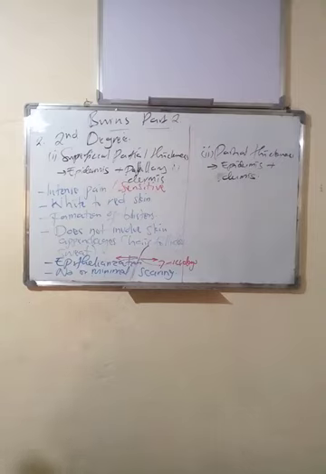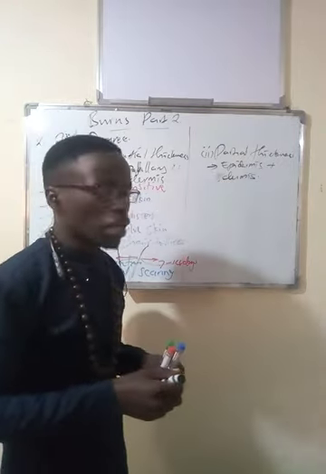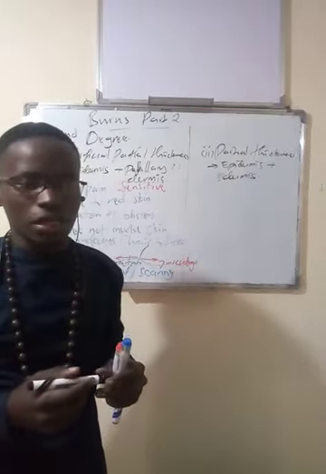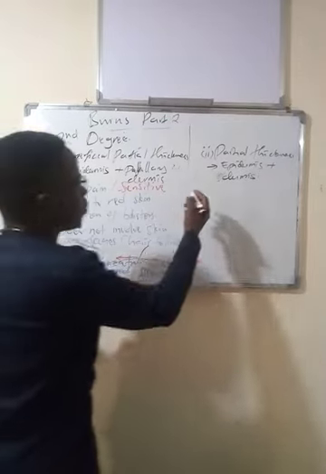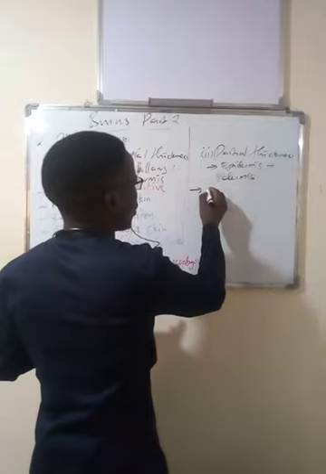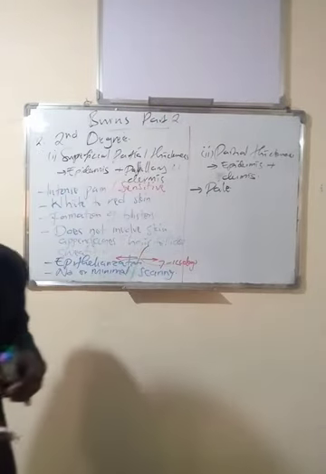Now let's look at the partial thickness burns, the second degree partial thickness. Like I've mentioned, it involves the epidermis and the entire dermis. The skin is going to appear pale.